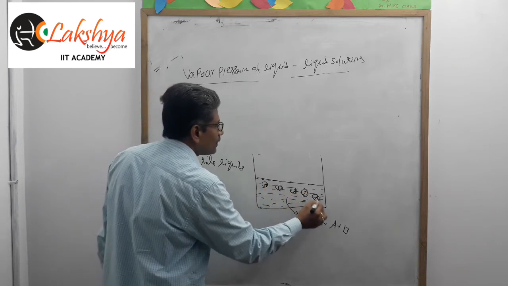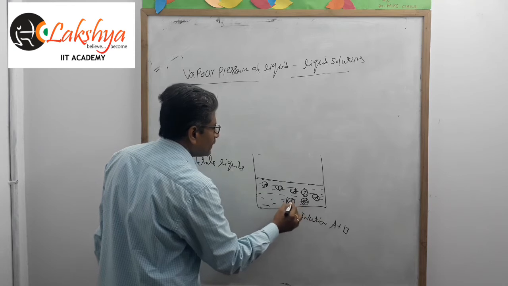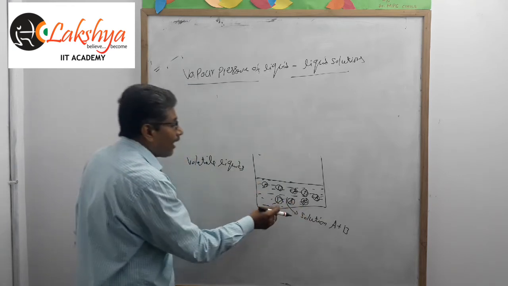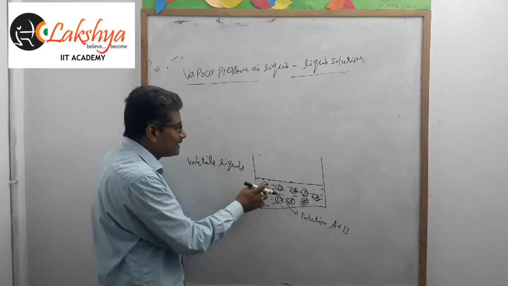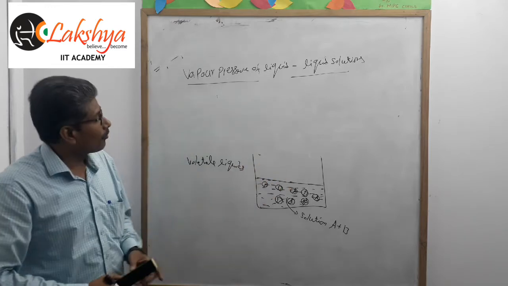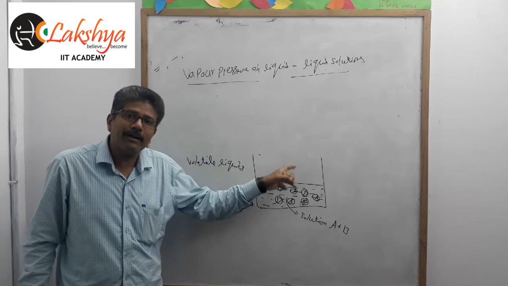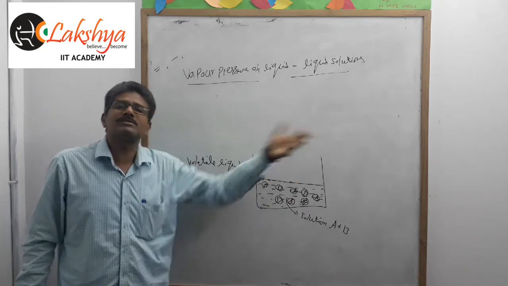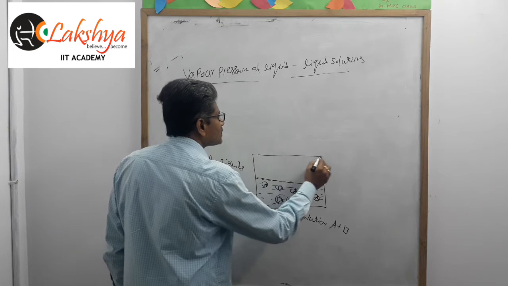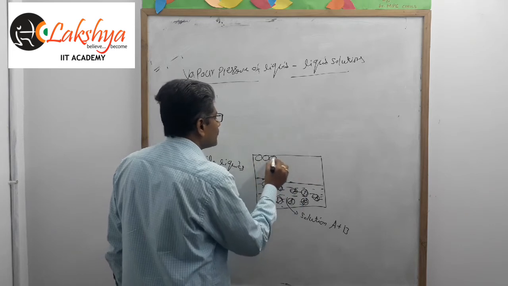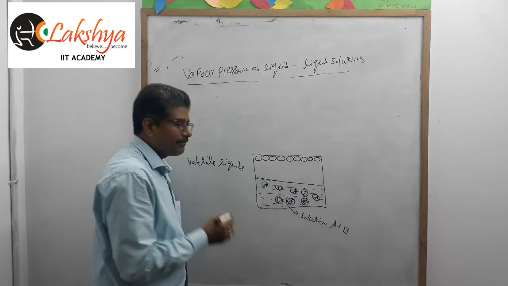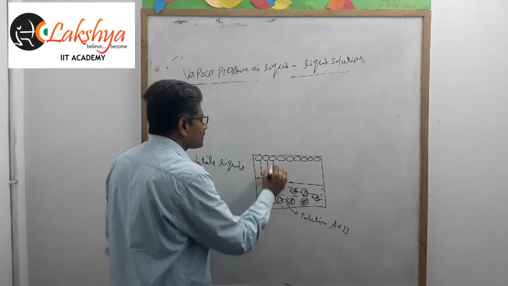On heating, these liquids change into vapor state. Both liquid A and liquid B change into vapor state. So here A vapors are there, B vapors are there. They exert some pressure on the surface.